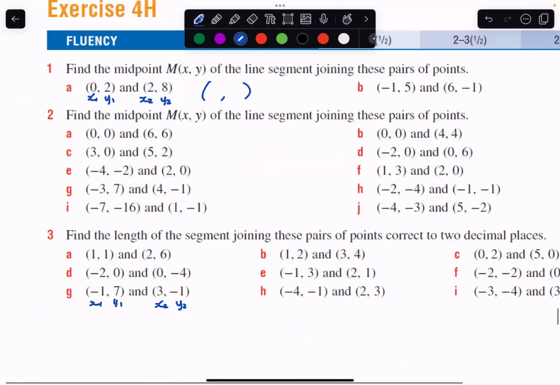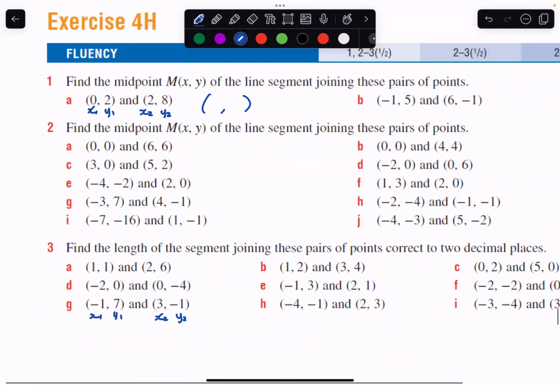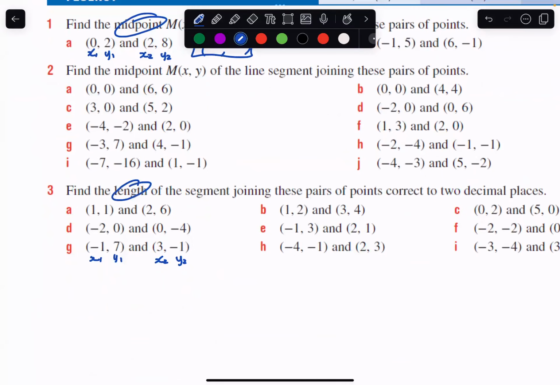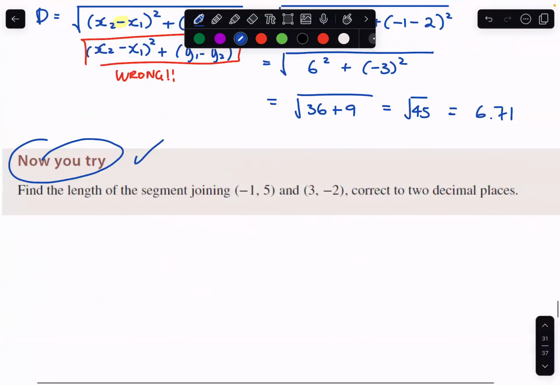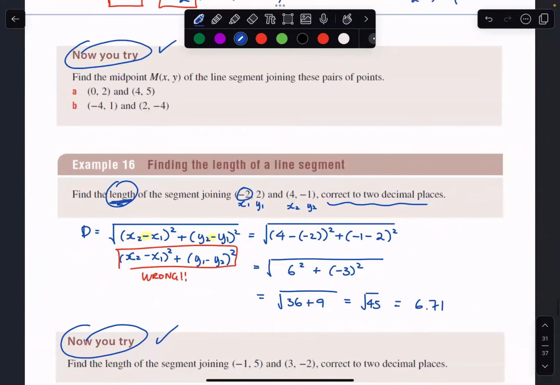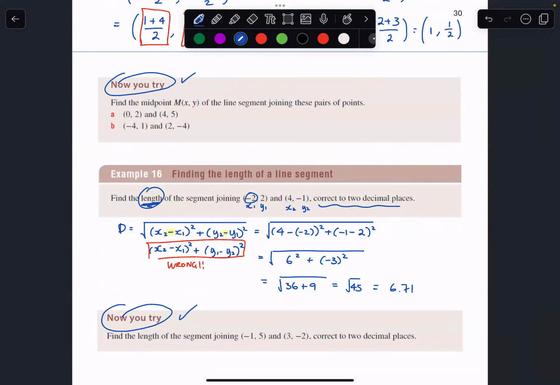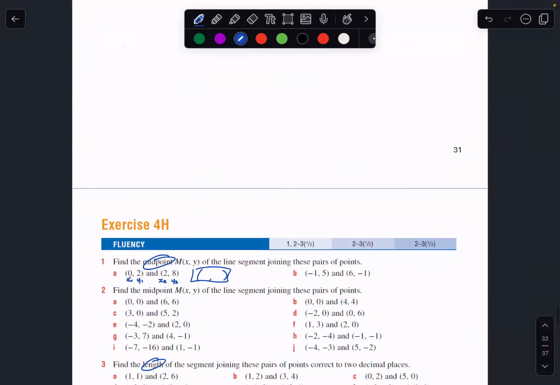So you need to notice: when you see the midpoint, the final answer will be a coordinate. But if you have the length, then the final answer will be only a number, not a coordinate. So now you can do now you try, and then copy out the notes, and then finish exercise for H, okay?